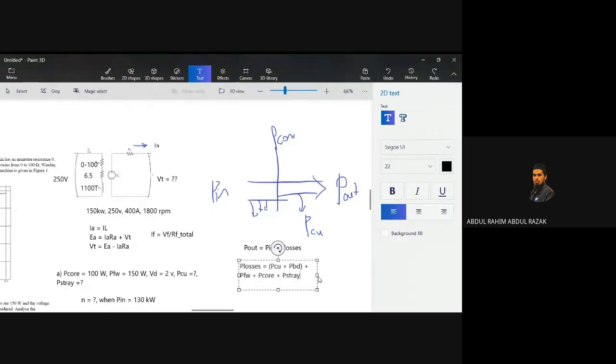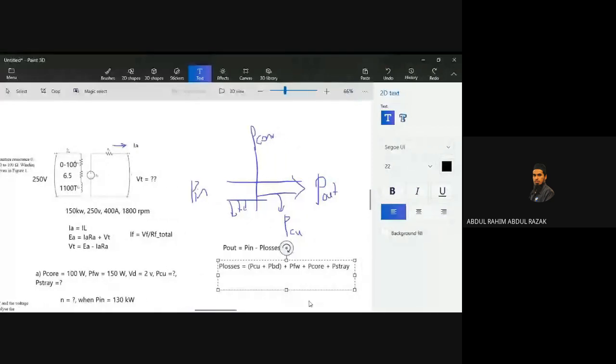Core, friction windage, stray. So this is your losses component. Out of the diagram that you draw, you can then derive the equation directly.